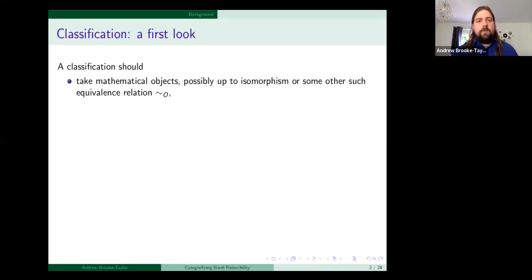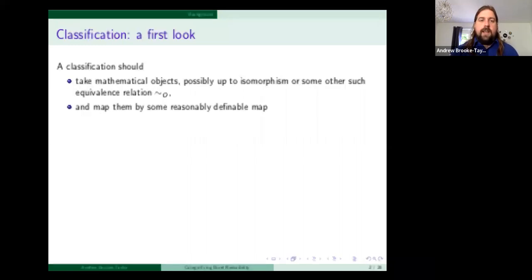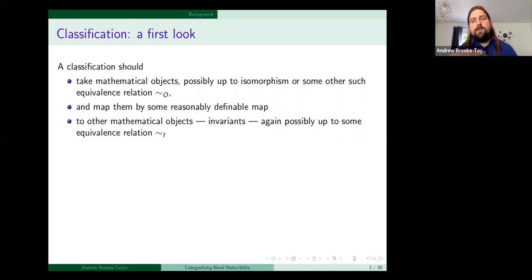When we talk about a classification, in broad brushstrokes, this should be something that takes mathematical objects that we want to classify, possibly up to isomorphism or some other equivalence relation, and we want to map them by some reasonably definable map to some other intuitively simpler objects, the invariants that we want to use to classify our mathematical objects.